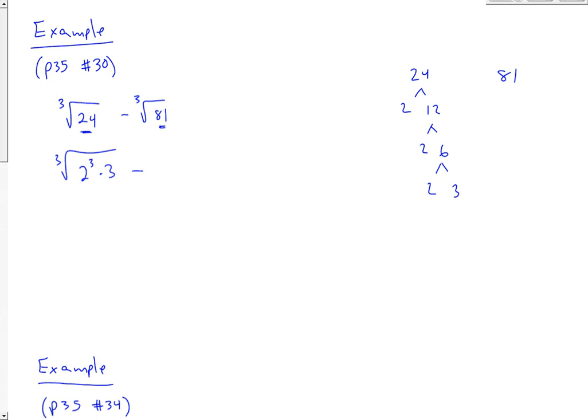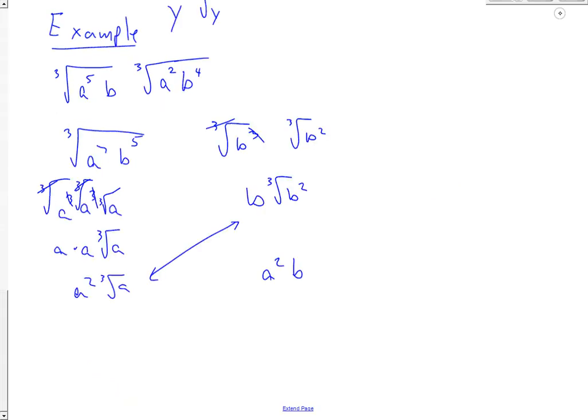So now, if I do a factor tree for 81, so a squared times b, and then I'll put underneath the radical, a and the b squared. So that's my final answer.